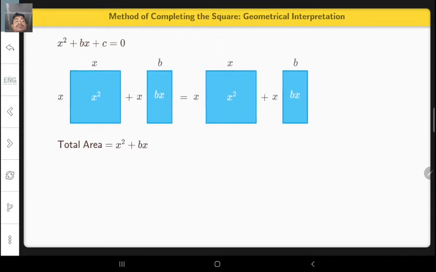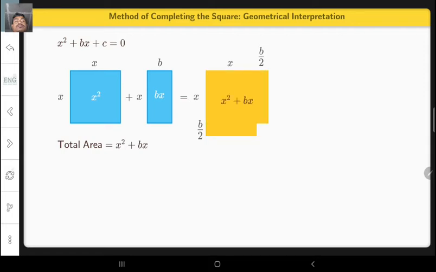If we split the rectangle into two rectangles each of dimensions b by 2 into x and rearrange them, we get a shape which is almost a square, with a small square piece missing. The area of this new shape would also be x squared plus bx. The edge of the small missing square is b by 2, and therefore the area of the missing square is (b by 2) whole squared.